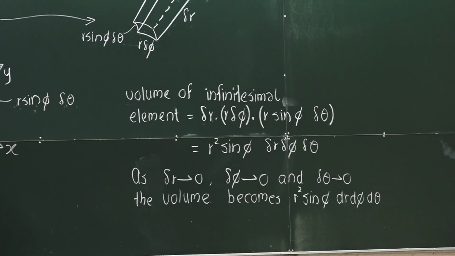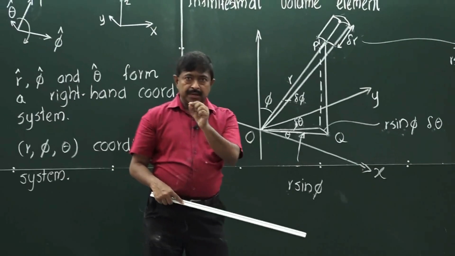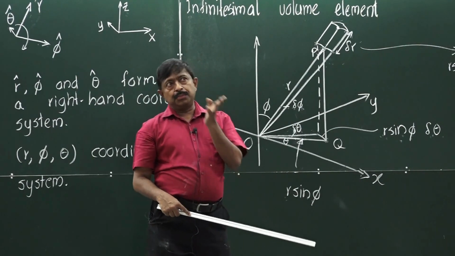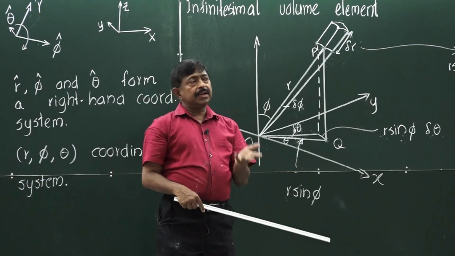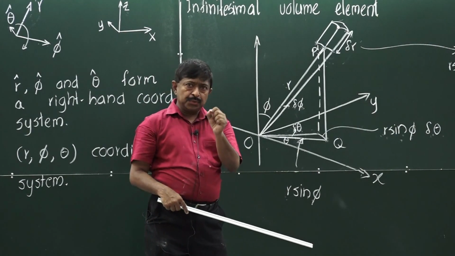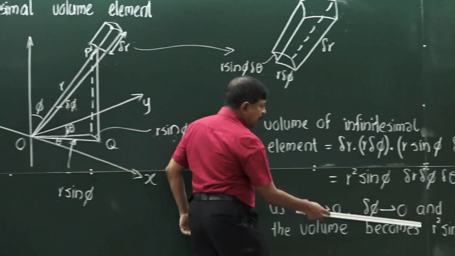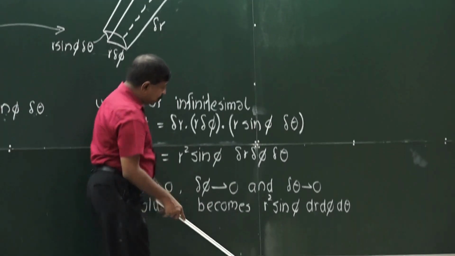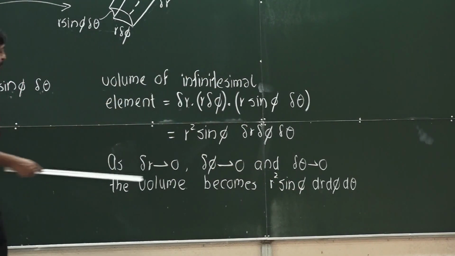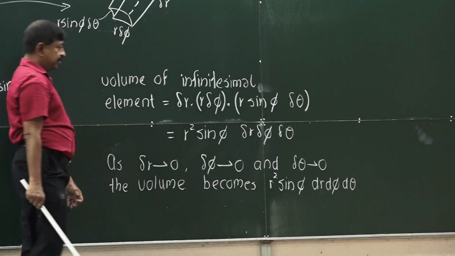Now, if you want to deal with some kind of integration, in xyz coordinates you take it as dx, dy, dz. In cylindrical polar coordinates, you get rho d rho d theta dz. Similarly, here you have this additional factor. Probably out of all these coordinate systems, this is the most complicated one. You have r squared sin phi as that scale factor.